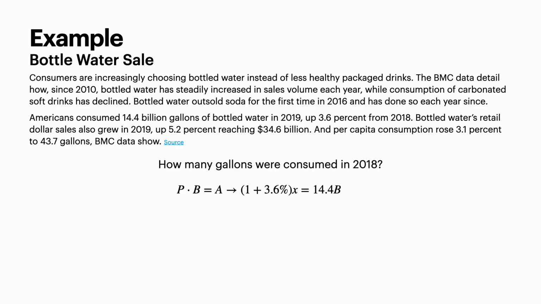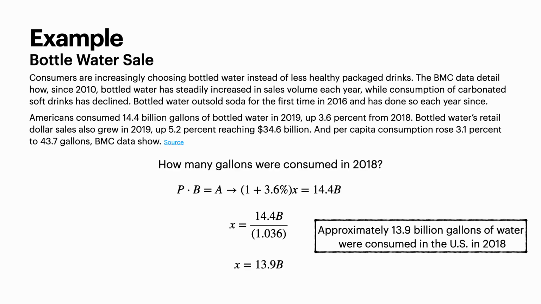It's up 3.6%. So that's going to be 1.036. And that equals 14.4 billion gallons in 2019. Divide both sides by 1.036. And we find 13.9 billion gallons of water. Okay. So approximately 13.9 billion gallons of water were consumed in the U.S. in 2018. It's a lot of water.